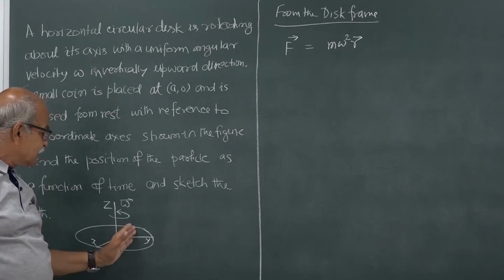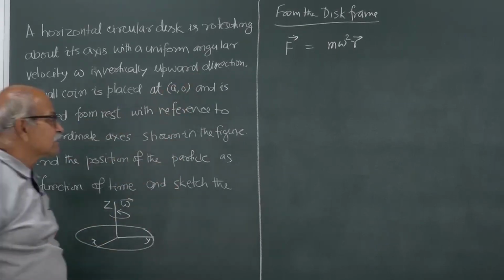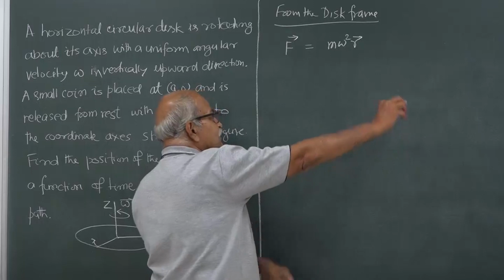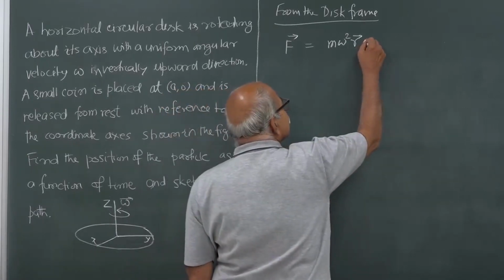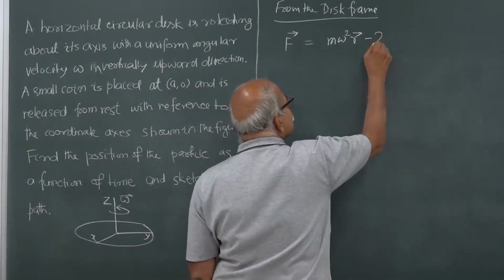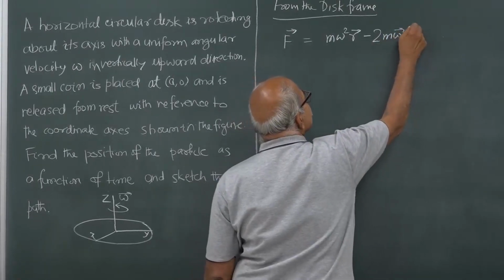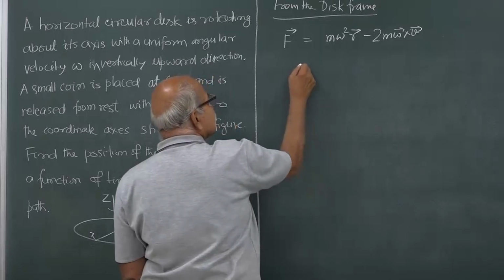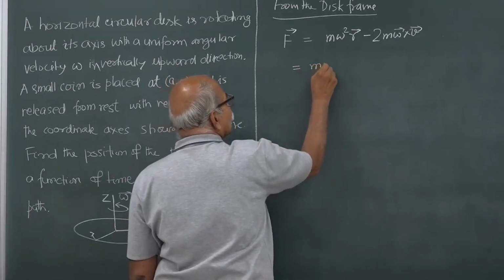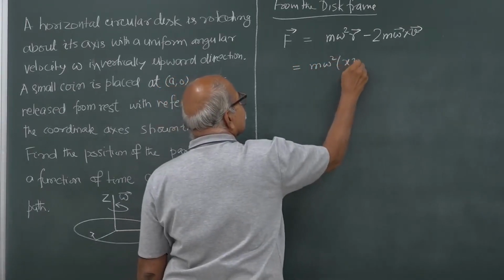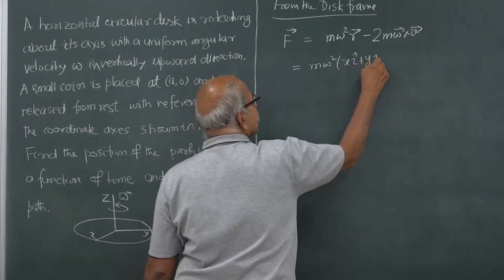So, from the center it is just this r vector, centrifugal force, and then you have Coriolis force, and Coriolis force is 2 m omega cross v.